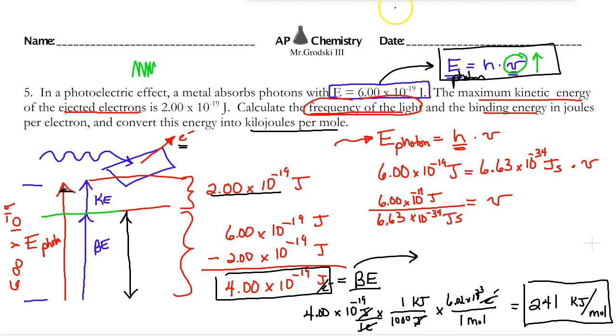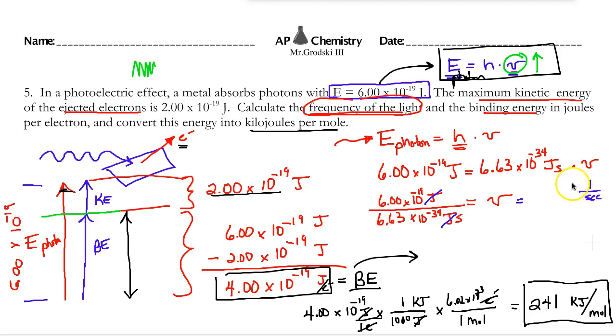And we can cancel the units. Notice we're left with a unit equal to 1 over second, which is a hertz, or a cycle per second. That's a frequency.